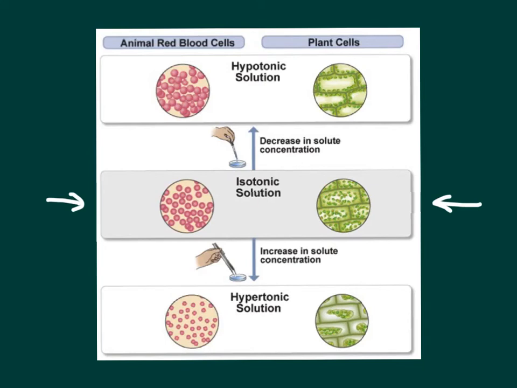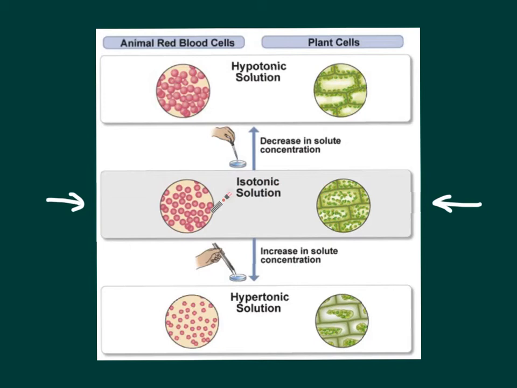And when you place that from an isotonic solution in its surrounding, and you decrease the solute concentration, then you end up having water rush in, which we had seen on the previous slides. Here we have some red blood cells that are swelling, some are bursting, like right there. In the plant cell, we see that the central vacuole fills up with water, pushing all of the chloroplasts to the edge of the cell.